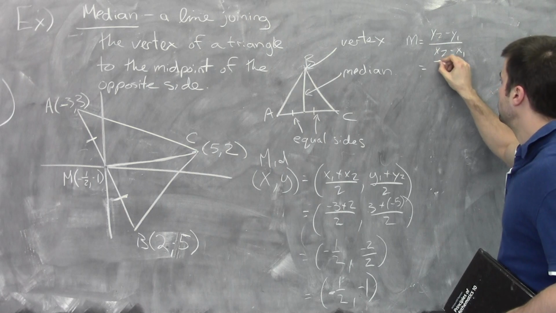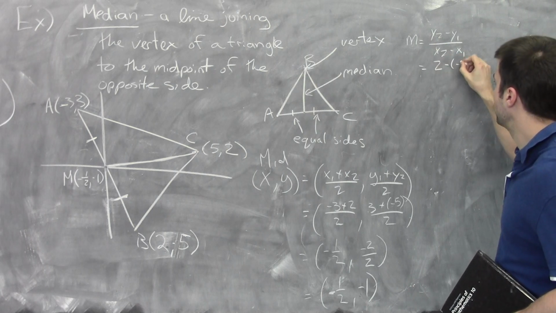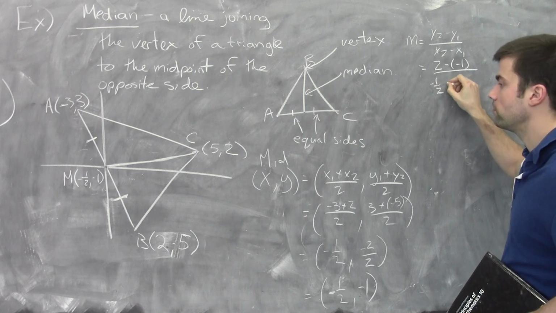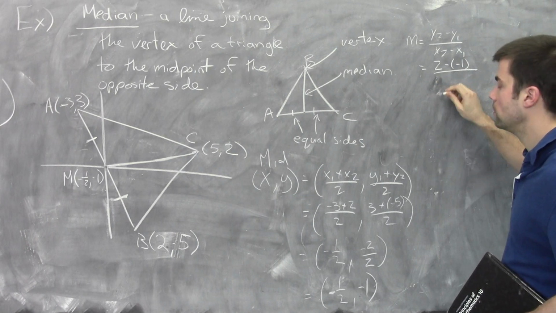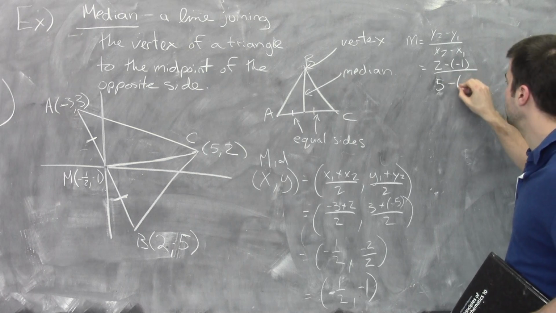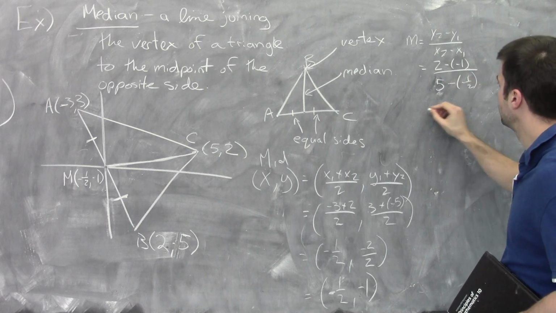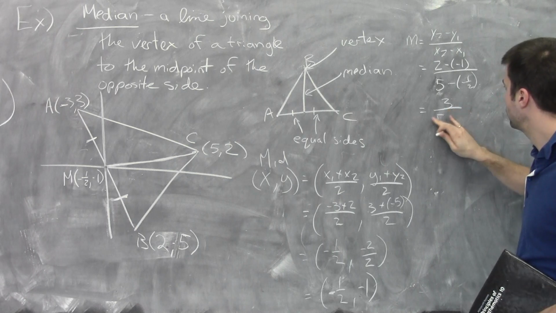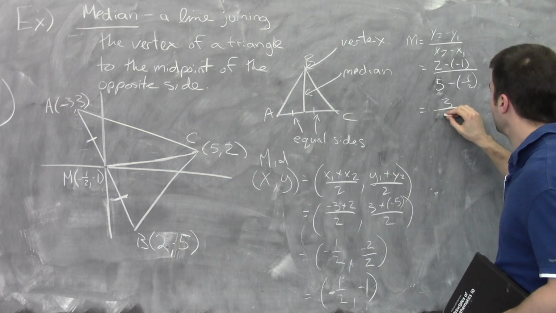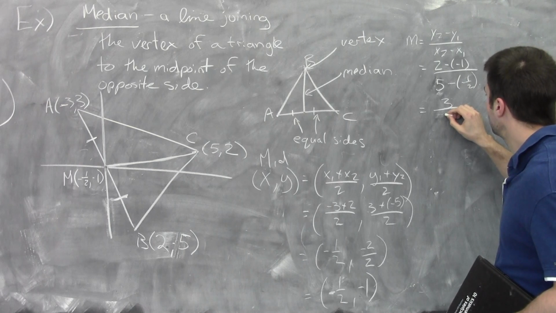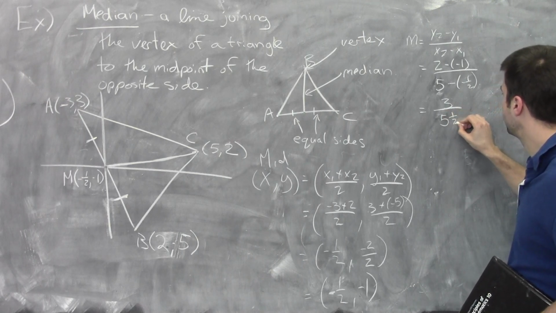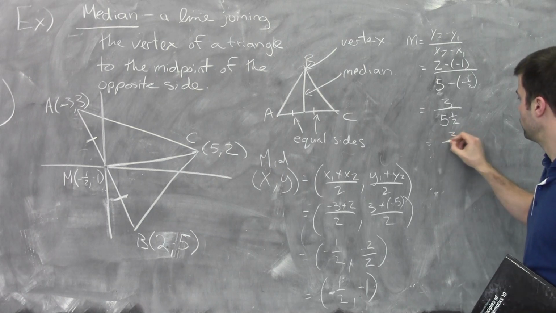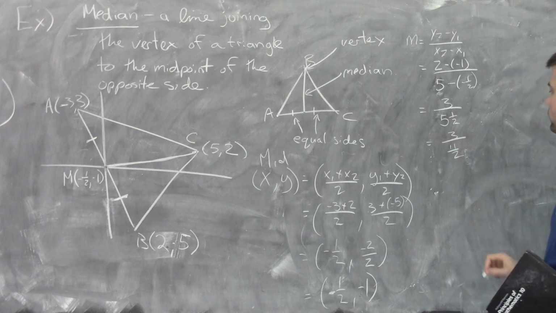So y2 is 2 minus 1 over negative 1/2 minus 5, which gives 3 over 5.5, which is equal to 3 over 11 over 2.